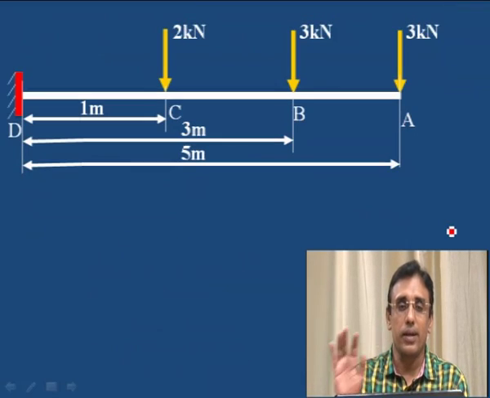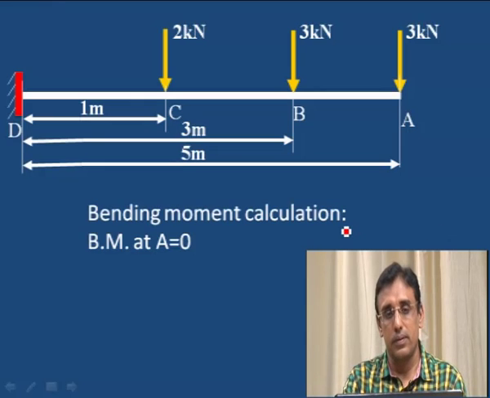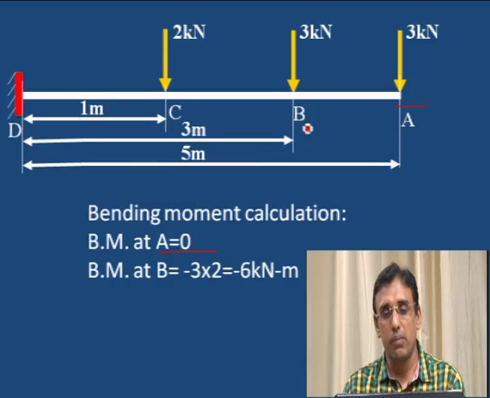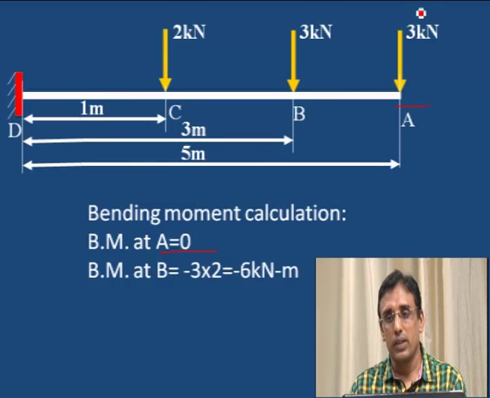Then to calculate the bending moment at A, since it is a cantilever beam, at A it is 0. Bending moment at B, what is the force? 3 kilonewton, and the distance from this point to this point, we are calculating the bending moment at B. 3 kilonewton into this distance, which is the clockwise moment, 3 into distance.